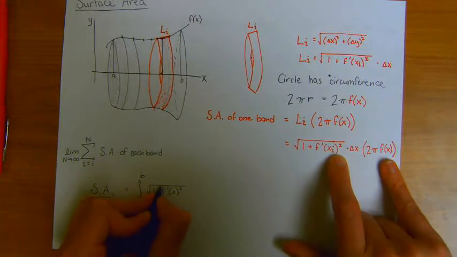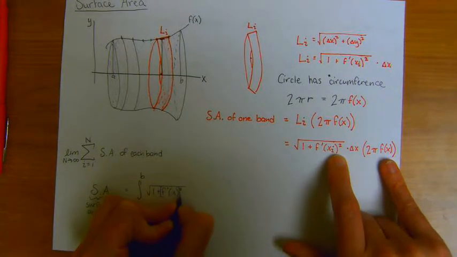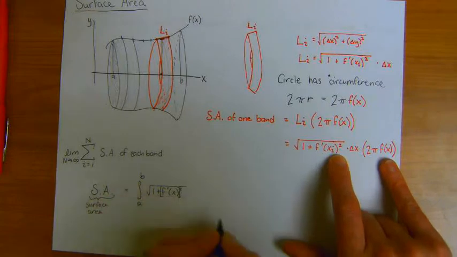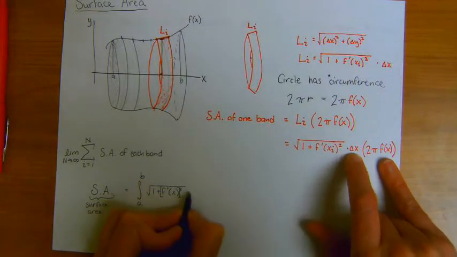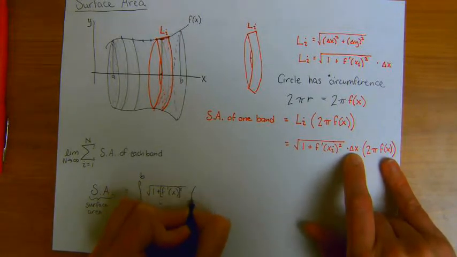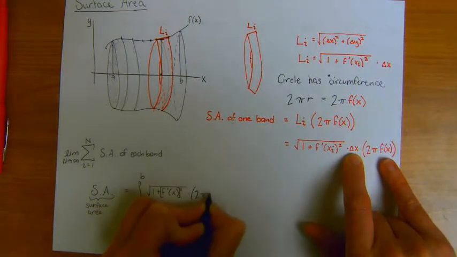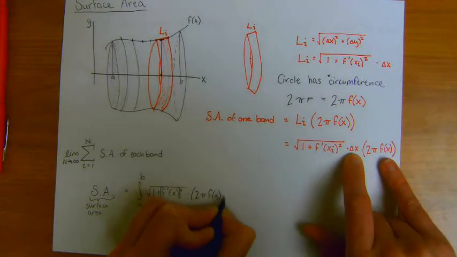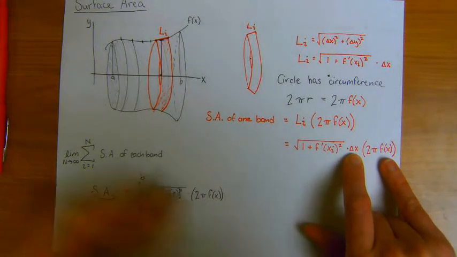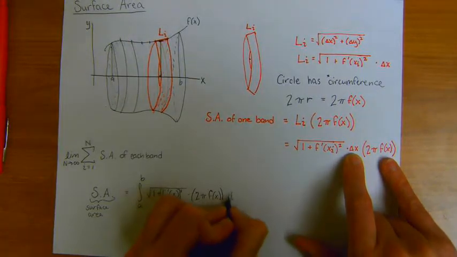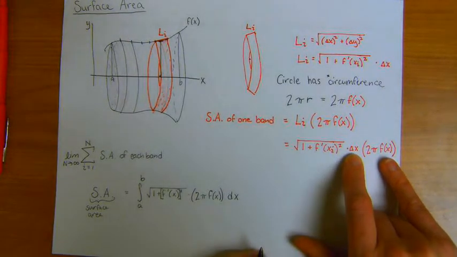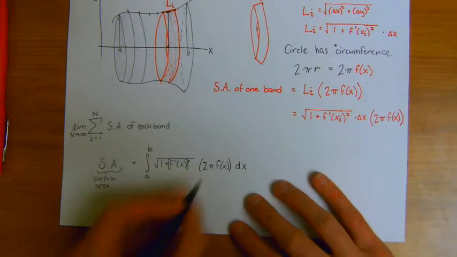Before, I was putting these in brackets to emphasize that you take the derivative first and then square it. And then instead of writing my dx here, I'm also going to multiply by 2 pi f of x, the circumference of each of these circles, dx. So this is my equation for surface area.